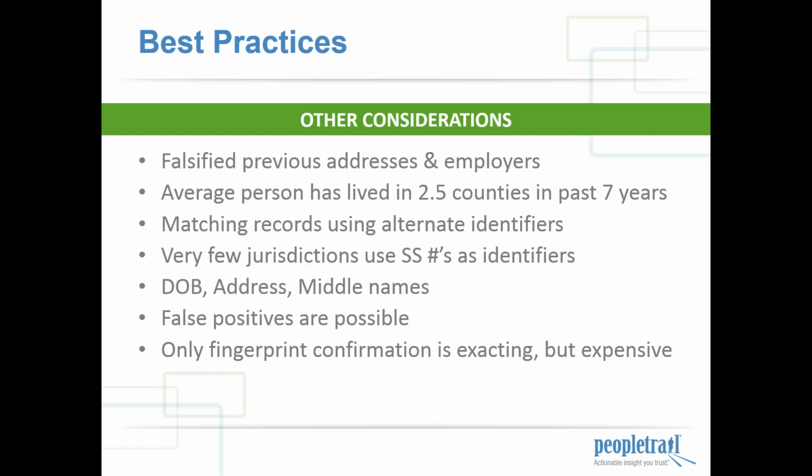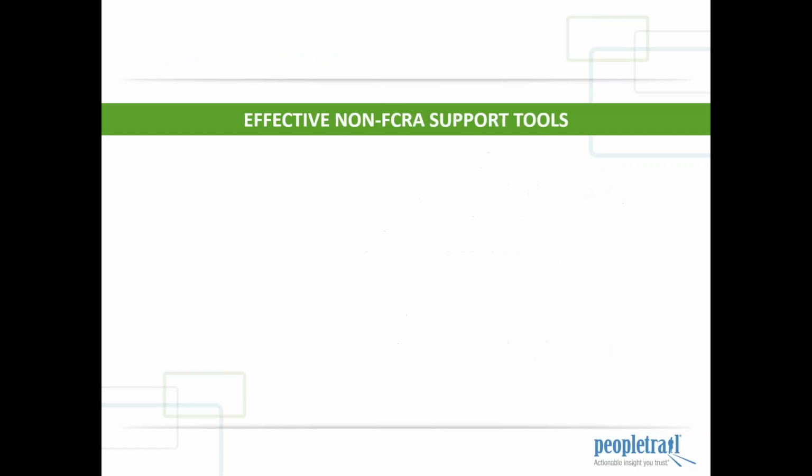One thing we can do is pull a driving record, because you need a birth certificate in order to get a driver's license, so there's a very good chance that a driving record has the right date of birth. False positives are possible, and really only fingerprint confirmation is exacting, but it costs a lot of money to get that done.